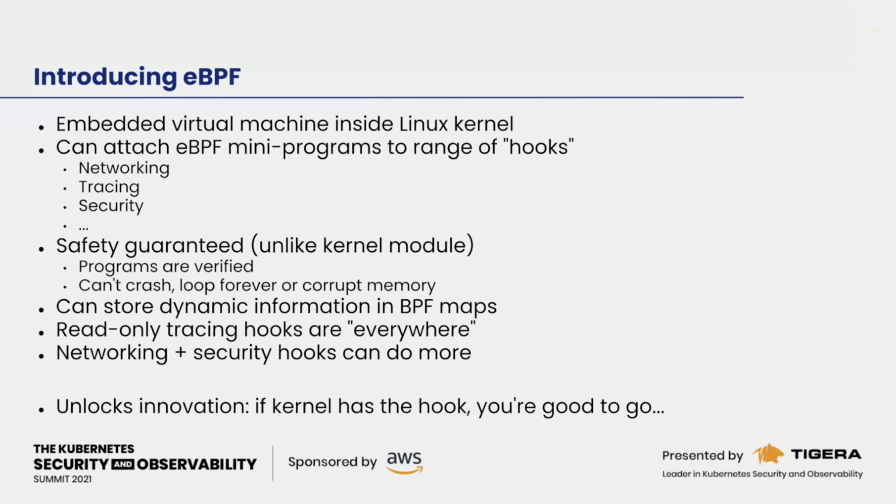There are also security hooks available. So the security hooks can do things like police syscalls that programs make. So syscalls are the interface that user space programs have to the kernel when they want the kernel to do something. Most programs will make handfuls of syscalls per second, and you can police what happens when those syscalls are activated.